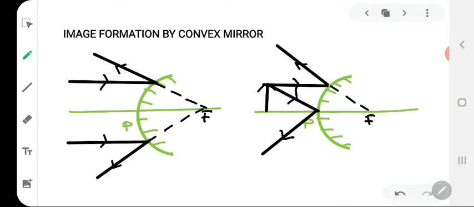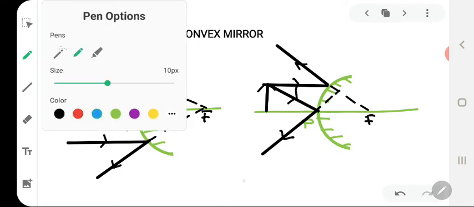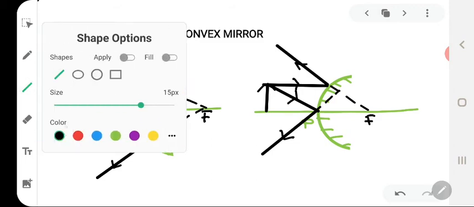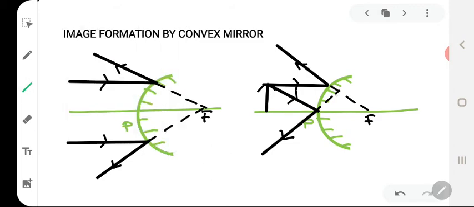This is the focus, and let us also produce this particular reflected ray backward, and at the point of intersection obviously the image is going to be formed, and this is the position at which a virtual image is formed.